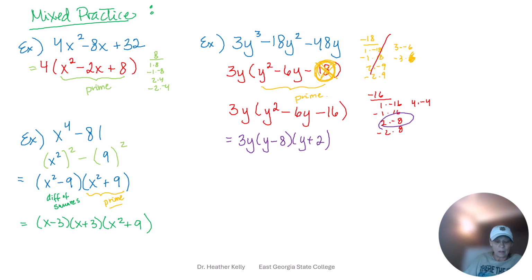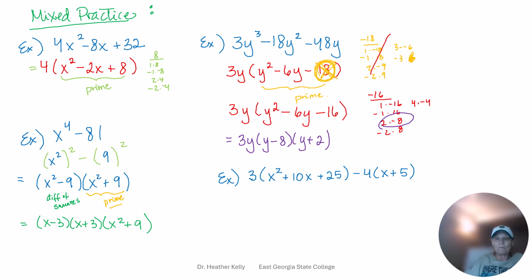And then I have one last kind of crazy example to leave you with, to make you kind of think. This guy here, 3 times x squared plus 10x plus 25 minus 4 times x plus 5. Now, this problem is kind of designed for you to recognize some patterns here.